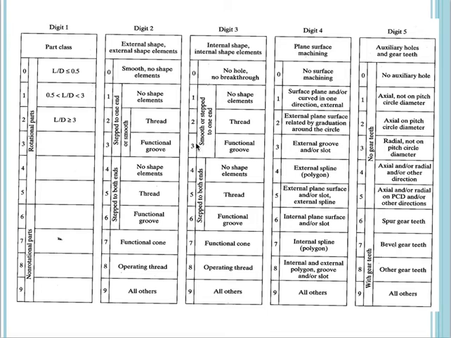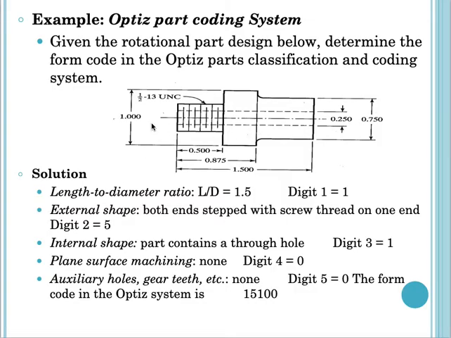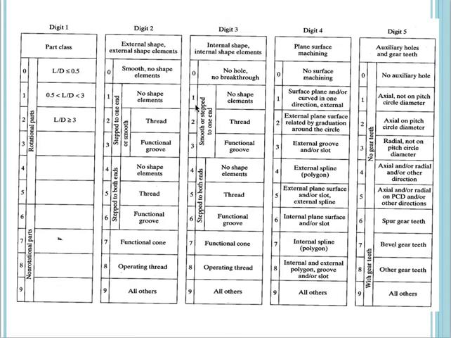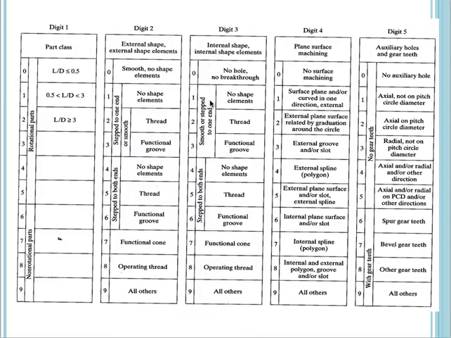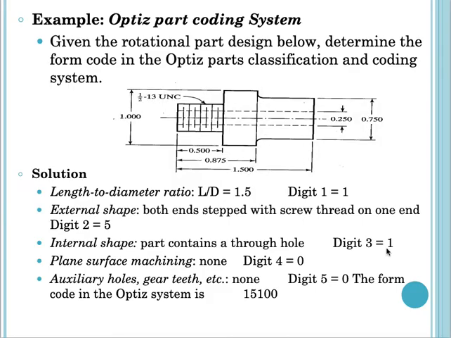If a functional groove is there, the code is 3. Now in this job, a through hole is there, no disturbance, that is a plain through hole. So digit 3 is 1, no shape element inside the internal shape of that material.